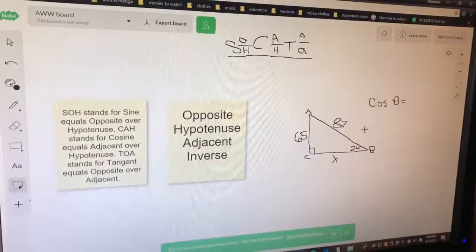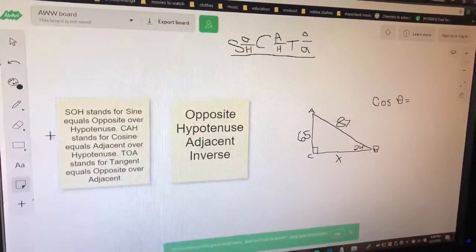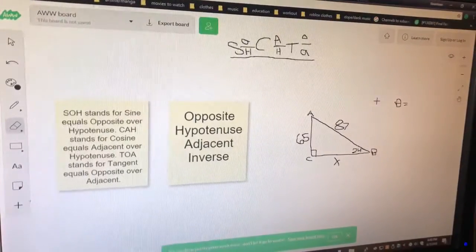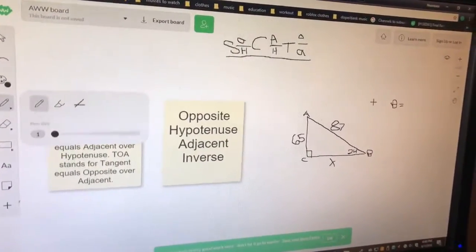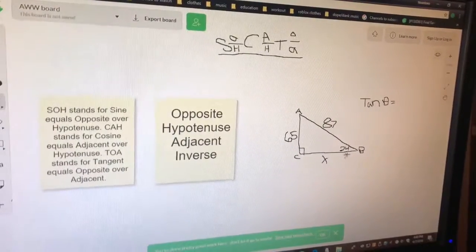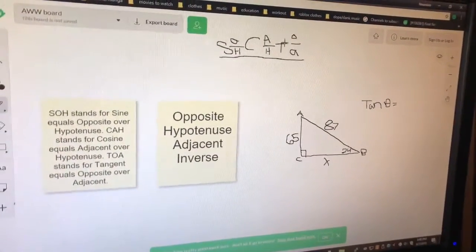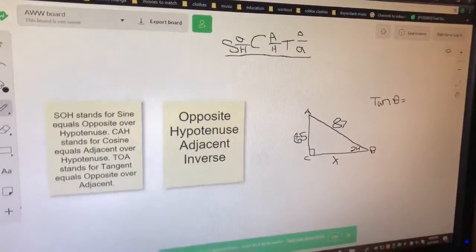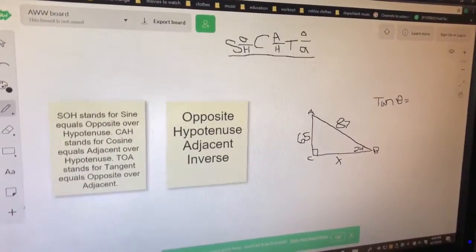Now you try. In this example, I would want you to do tangent of B. Switch this to tan. Okay. So in tangent of B, tangent is opposite over adjacent. So in this equation, it would be 65 over x.